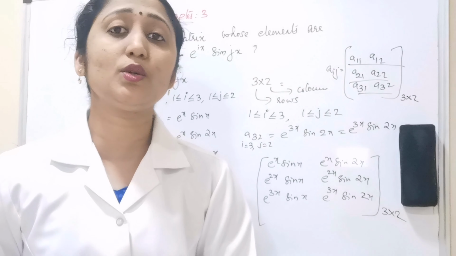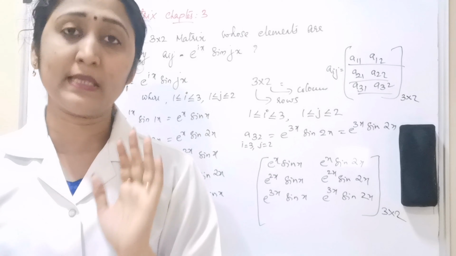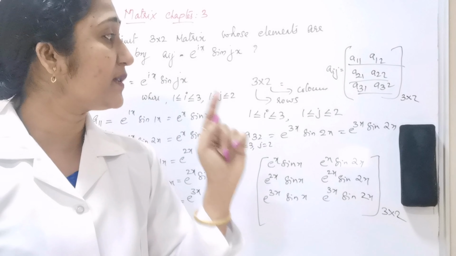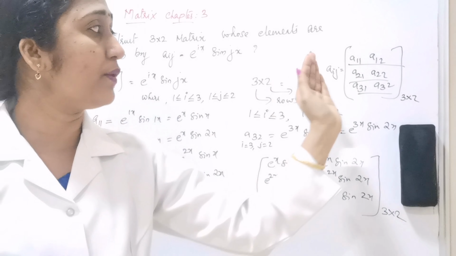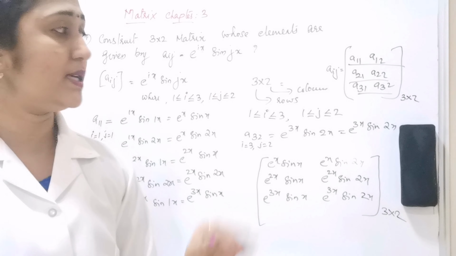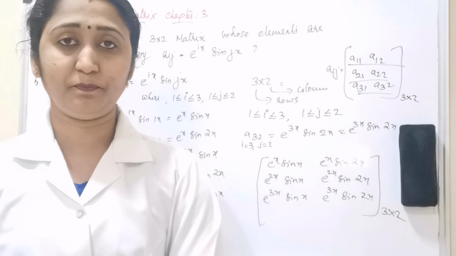That is very easy for scoring marks. First think about how many rows and columns, then write the form, then do the problem.